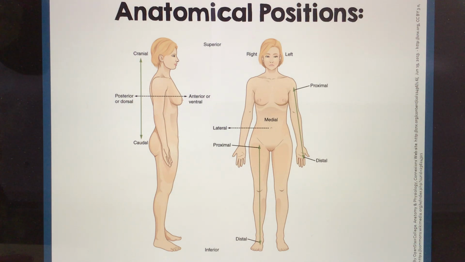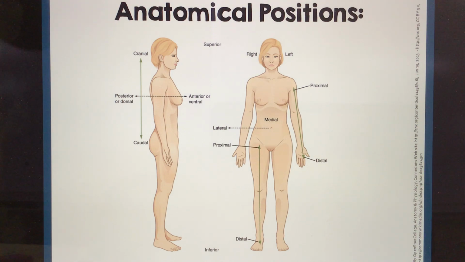Proximal is starting at an origin. In these pictures, it's showing the arm or the leg, but it really can be any point of any specific origin, like the chest cavity or the diaphragm. Whatever we start as an origin. If we say the belly button is proximal to the waist, then the reproductive organs would be distal to the waist.